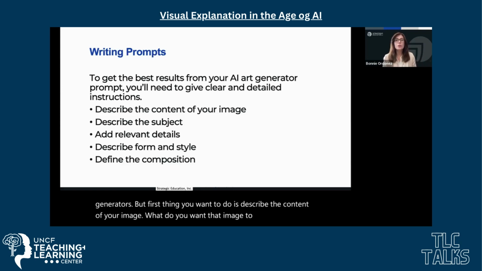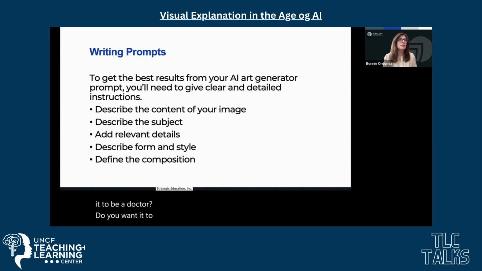Do you want it to be a doctor? Do you want it to be an image of a cell? Do you want it to be an image of a historical figure? What is the subject of that image? What details do you want? Do you want it to be in a certain setting? Do you want it to be a certain color?